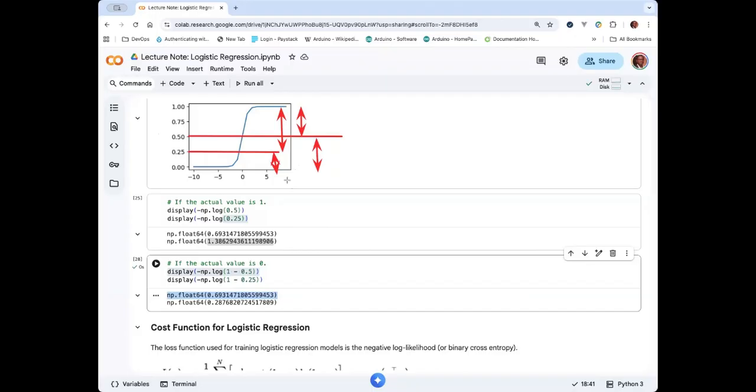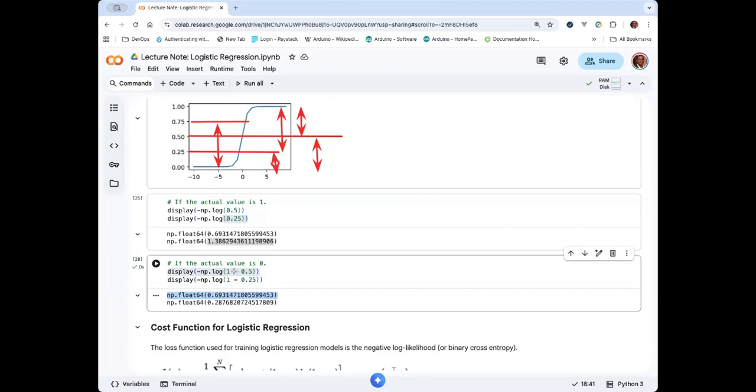On the other hand, if the true value is 0, but I end up predicting 0.75, then it should be the same as the converse, which is me predicting 0.25 when the true value is 1. So in other words, this arrow here and this arrow should be the same length because they are basically the same measure of distance from the actual value, or cost. So that is what makes this a very good measure.